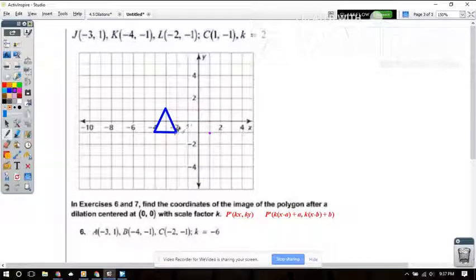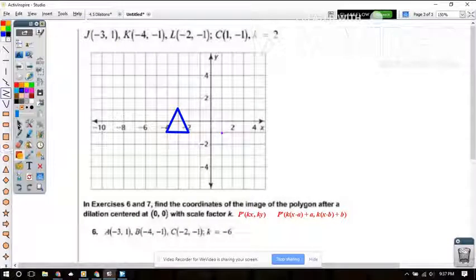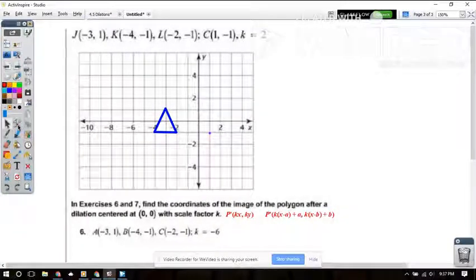There it is. And then we need to do our dilation. Since our center is not at the origin, that makes it slightly more complicated. So what I'm going to do, and if you have some tracing paper you could do this as well, if you trace this on patty paper, just take it and move it over to the origin.